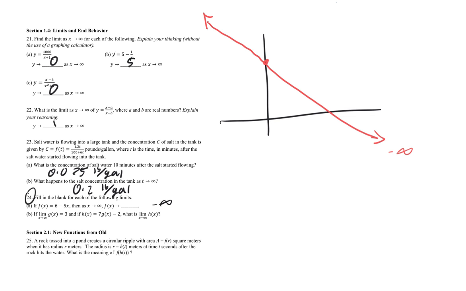Then we're asked if the limit as x approaches infinity of g of x equals 3, and if h of x equals 7 g of x minus 2, what is the limit as x approaches infinity of h of x?